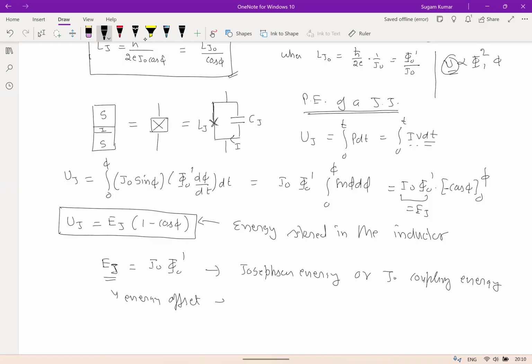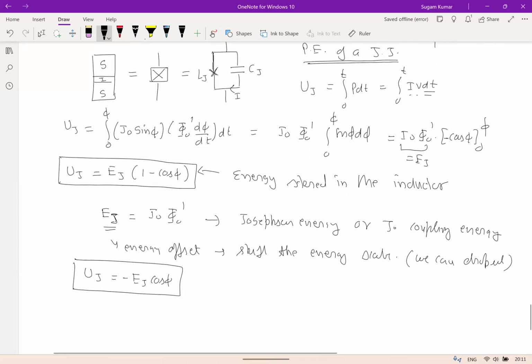So this is going to simply shift the energy scale, nothing more than that. So we can drop it, just to make the equation simple. And in that situation, this Uj is going to become simply minus Ej cos phi.